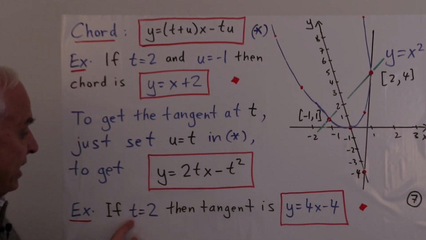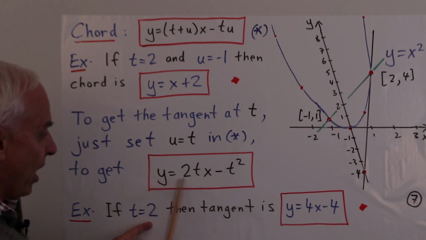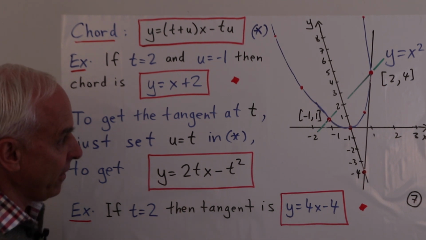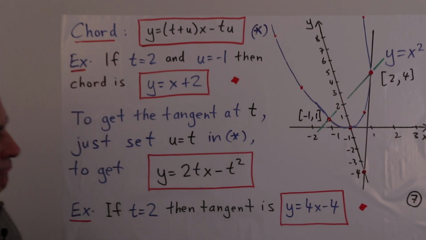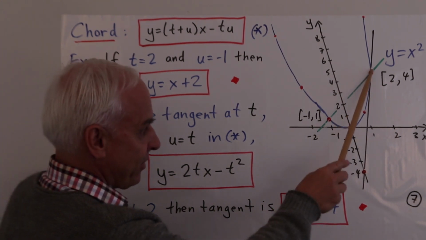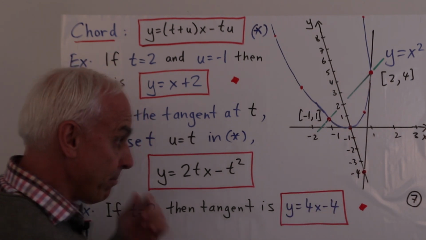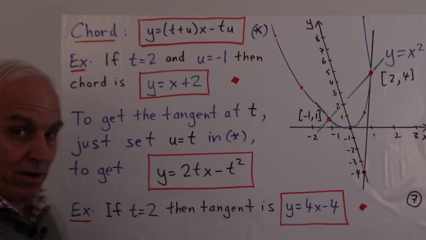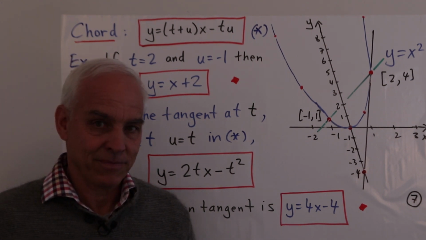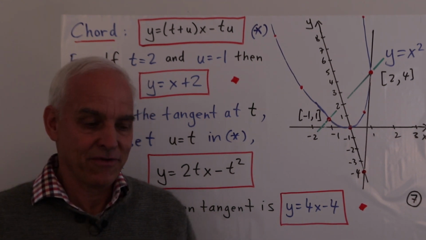In particular, when t equals 2, this becomes y equals 4x minus 4, and you can check that that's a reasonable equation for a tangent. It's a line with y-intercept minus 4, so it goes through this point here. Its slope is 4. That's usually associated with the derivative of the function and so on.